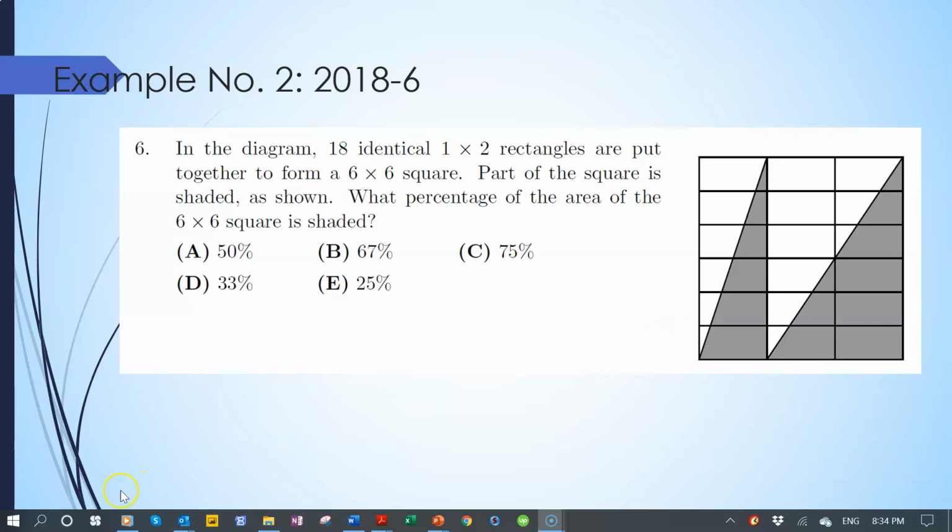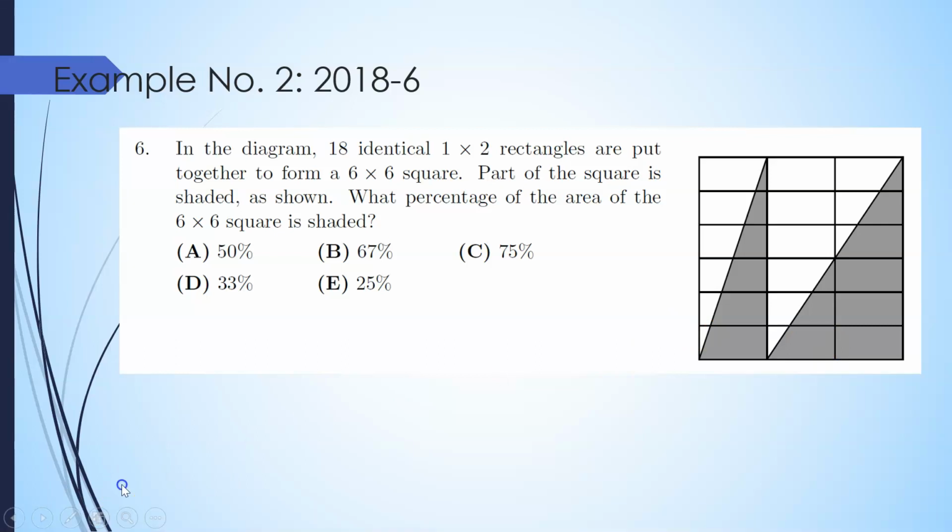We have several ways. Some students may find the way of getting the area of this triangle. So this triangle, the base is 2 because it has 1 times 2. This side is 1.